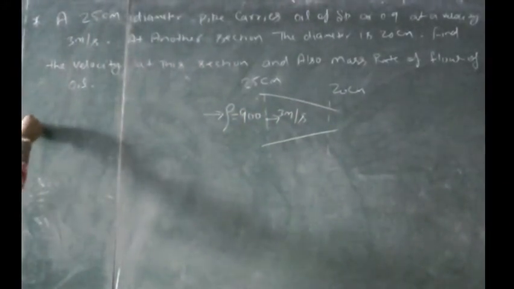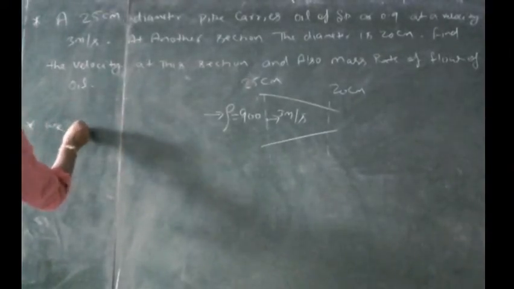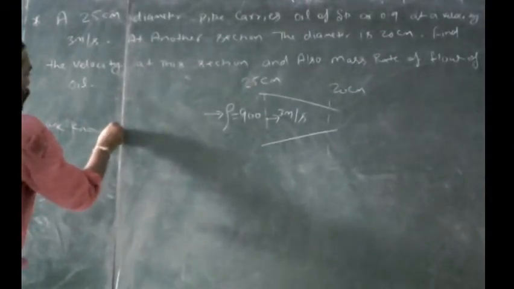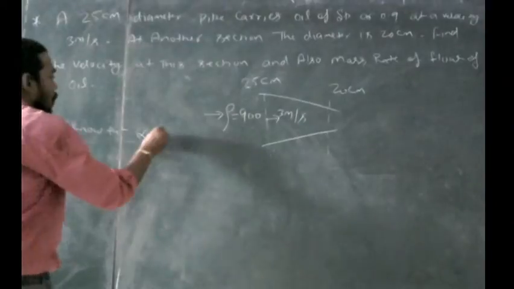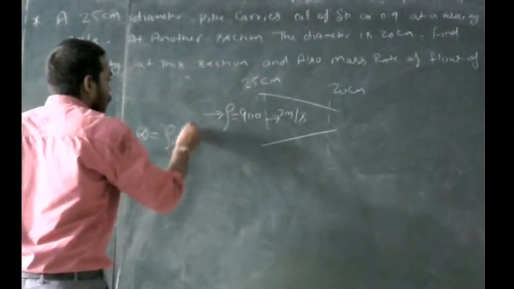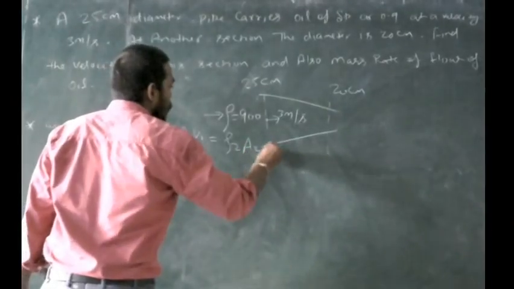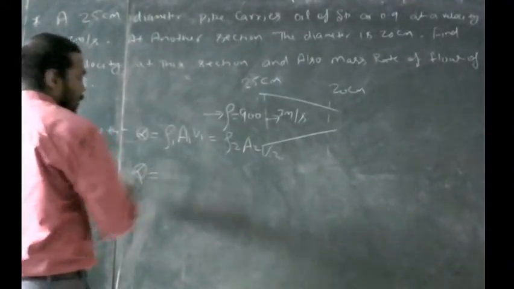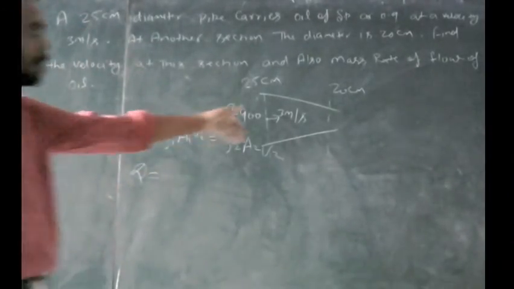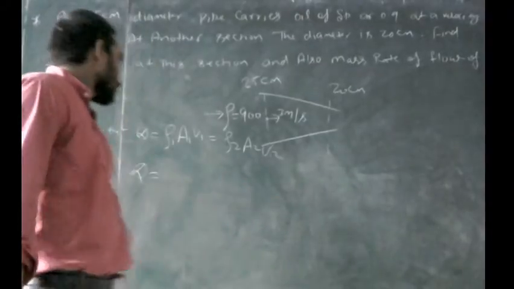Then we know that Q equal to rho 1 A1 V1 equal to rho 2 A2 V2. First of all, discharge throughout the cross section will be constant.